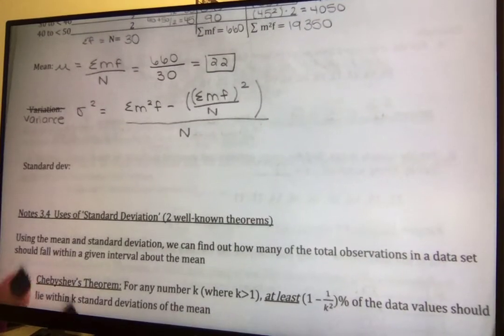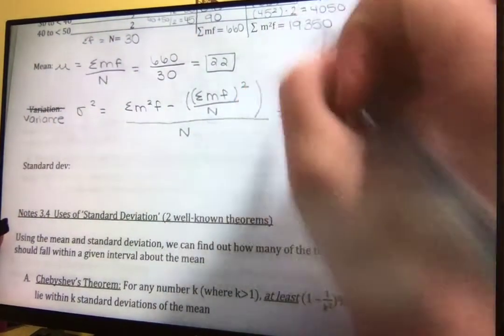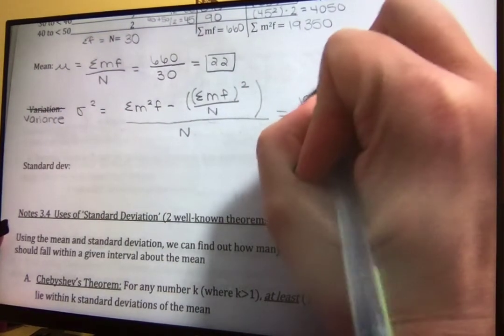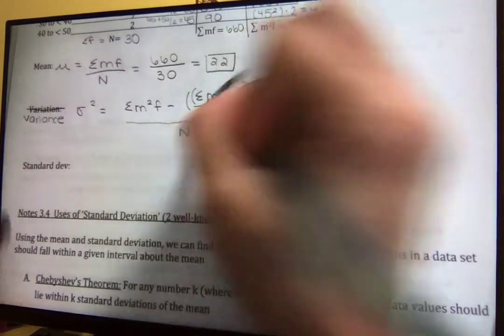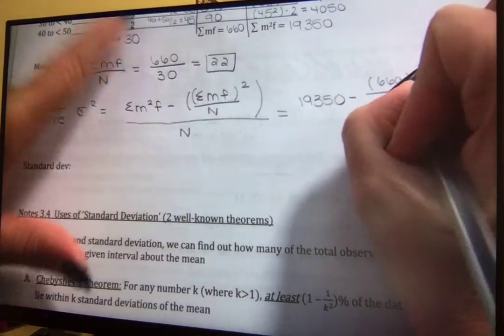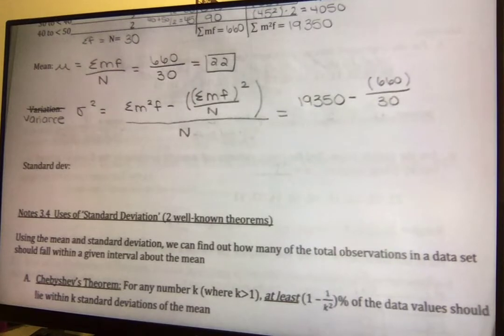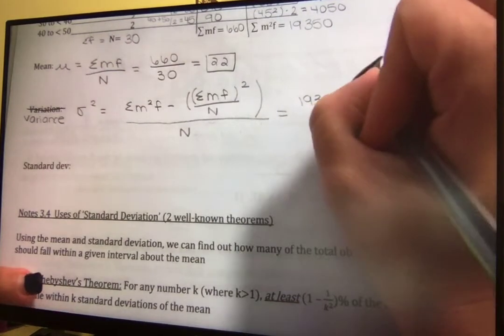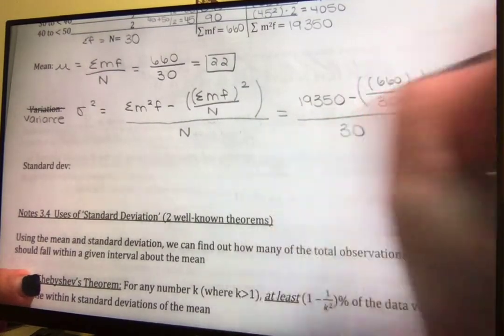Plugging in these values, the sum of m squared times f, we said was 19,350, minus the sum of m times f, which we said was 660, squared, over n, which we said was 30, all over n, which was 30.